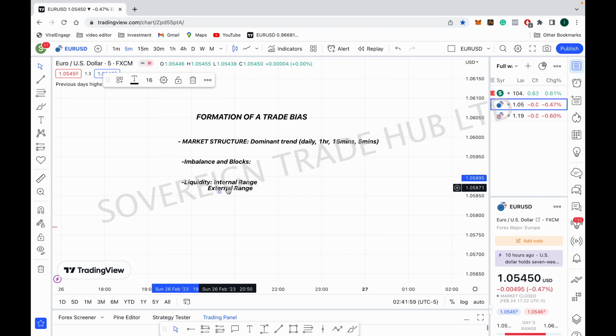So when we are looking at liquidity, we should ask ourselves, what's attracting price to go? Price is not just moving. Price is seeking liquidity, where it's actually heading. Then we ask ourselves again, which price level are we likely to trade into?